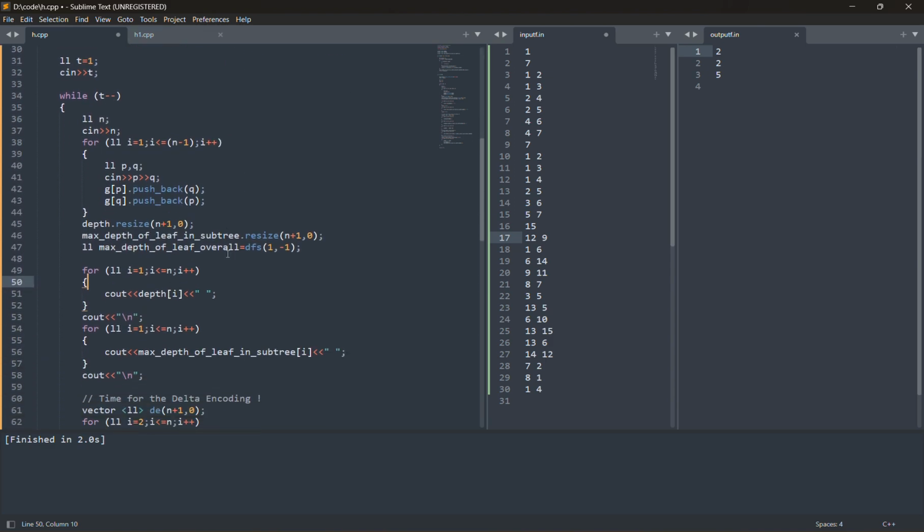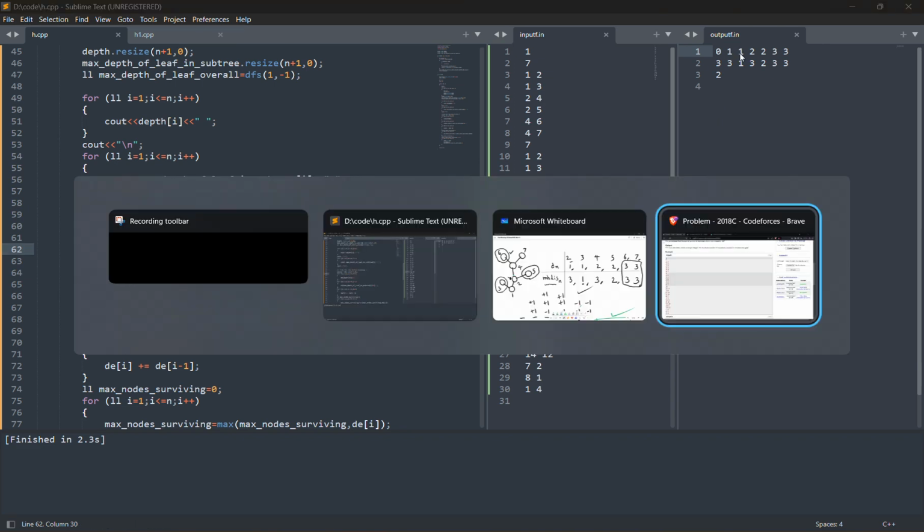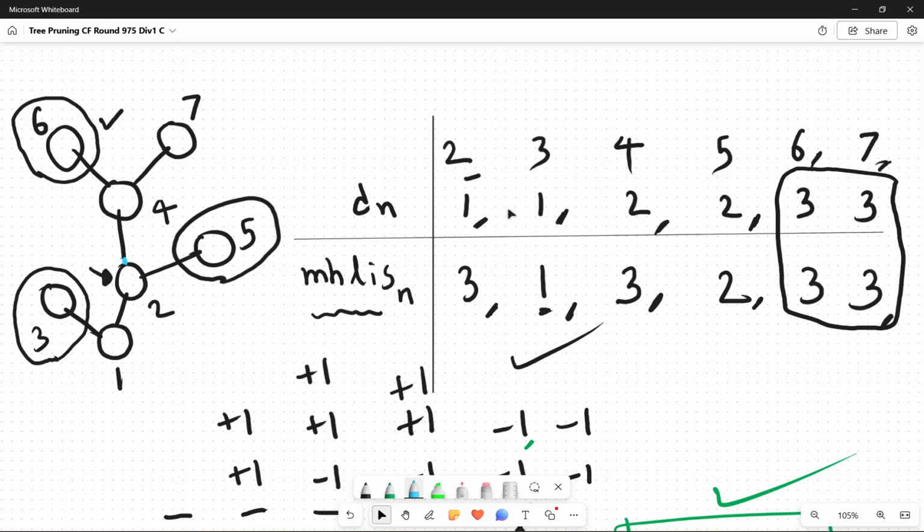So, run. 0 1 1 2 2 3 3. Here 0 is basically the depth of the first node.